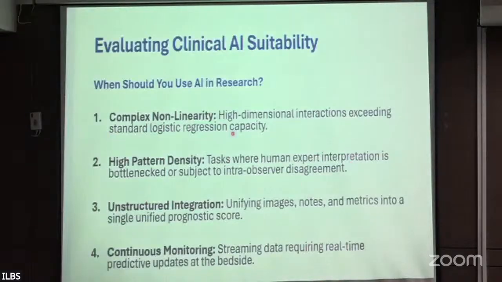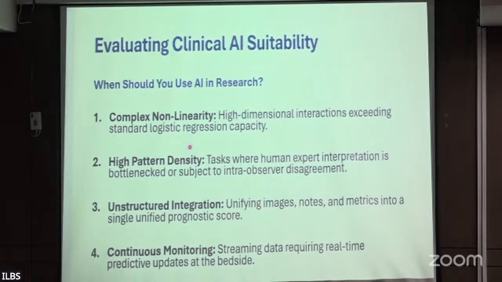So what are the exact domains we will focus on for AI-based analysis? When there is complex non-linearity, meaning a lot of multidimensional data that is not suitable for simple logistic regression or conventional statistics, complex analytics is needed.